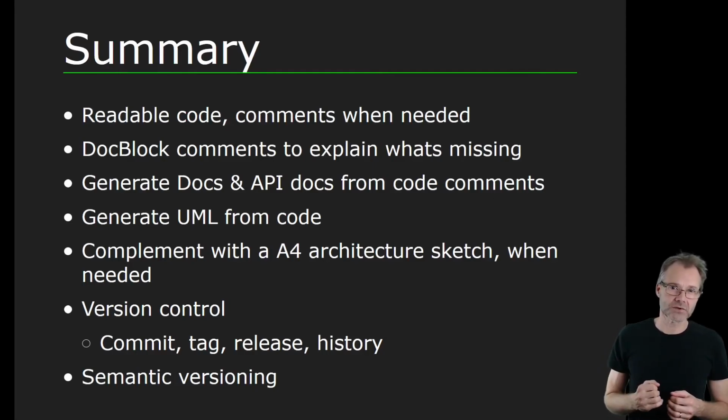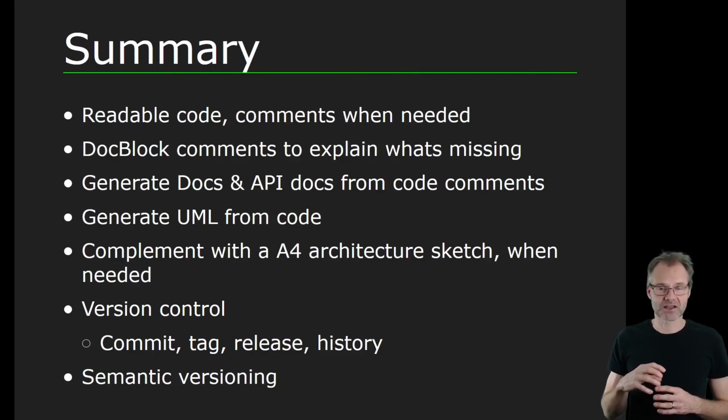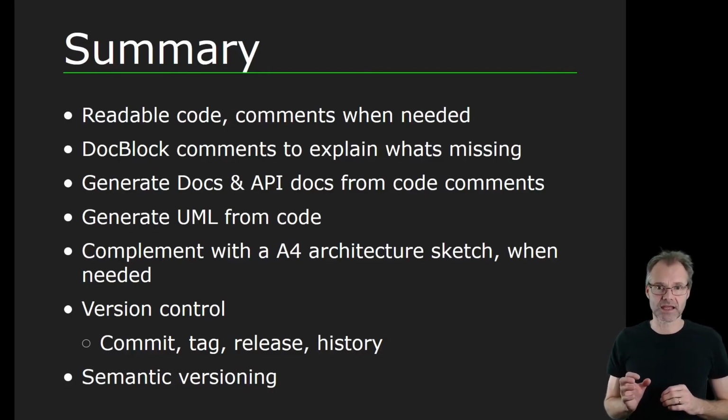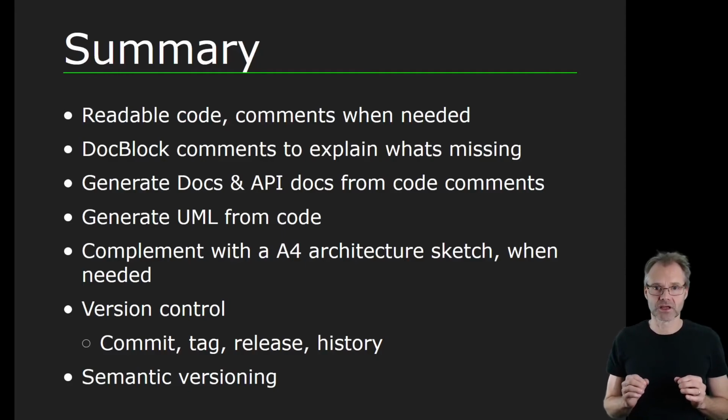We generate UML diagrams directly from the code, the latest version, accurate, and perfect with my latest change. Then we might complement this with an A4 architecture sketch, the overall main parts, where I want some new programmer to dive into my code and see how it looks.